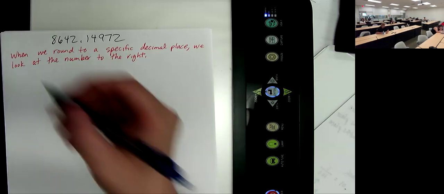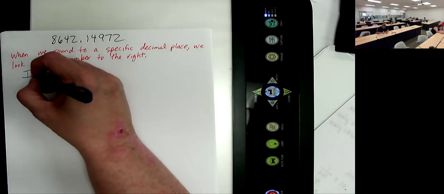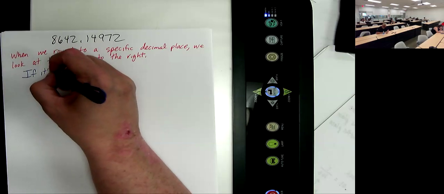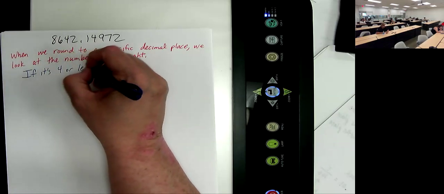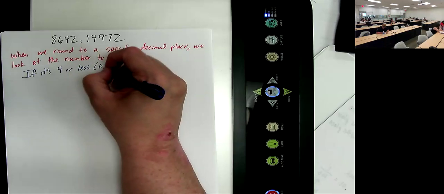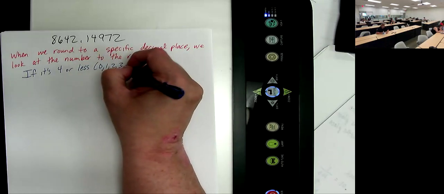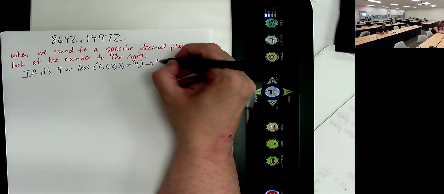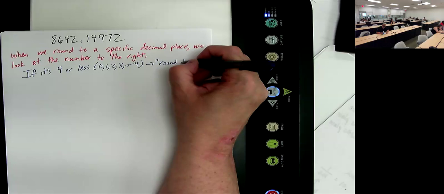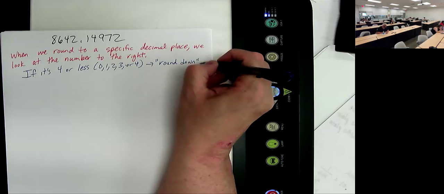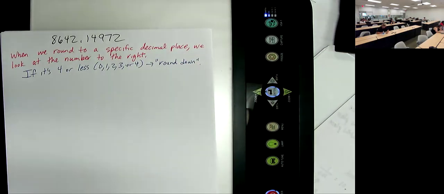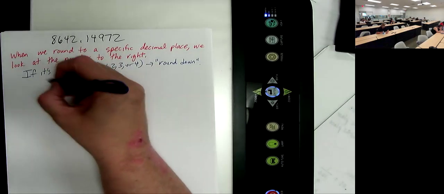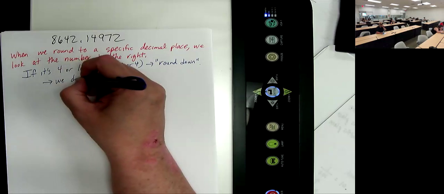If it's 4 or less, like 0, 1, 2, 3, or 4, we round down. And when this happens, we delete everything after the number we're rounding to.